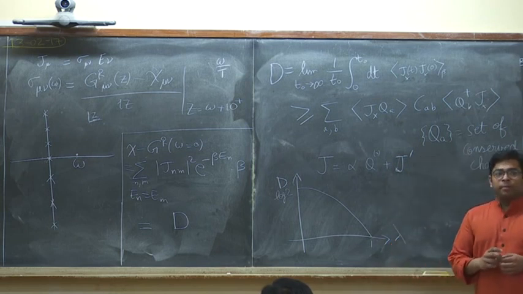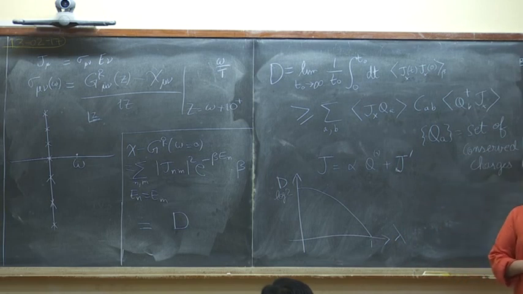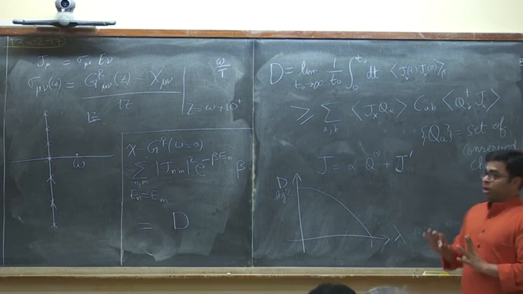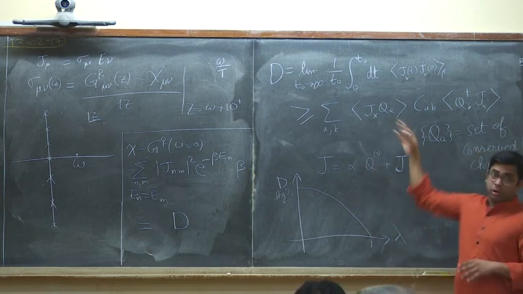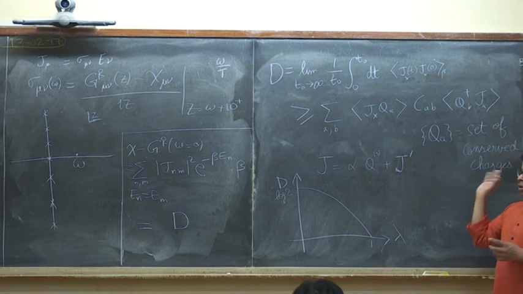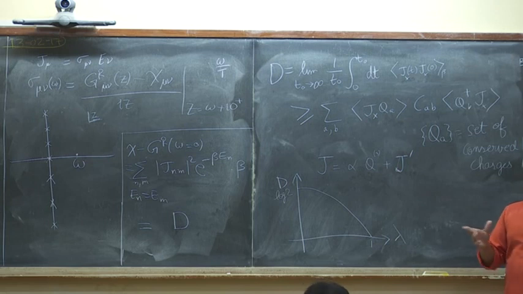If you had physically interesting higher point functions, then clearly this type of argument cannot be made, because there would be corrections. Exactly. It's a safe spot because you can make this argument within 2-point functions, and that's actually enough to get us a non-zero Drude weight. But if you were trying to make such inequalities at finite temperature for higher point functions, you would fail, precisely because you would not be able to do these kinds of subtractions and modifications to the currents.